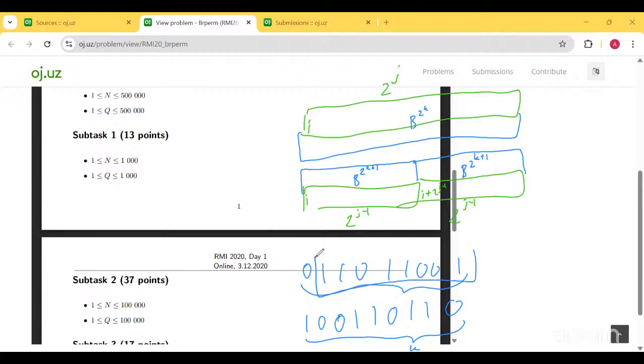And if it is only j minus 1 bits, this value becomes this, right?